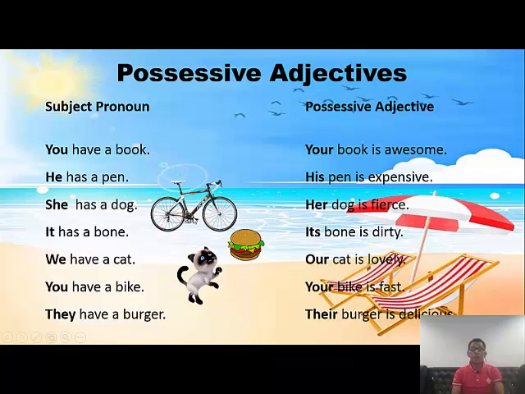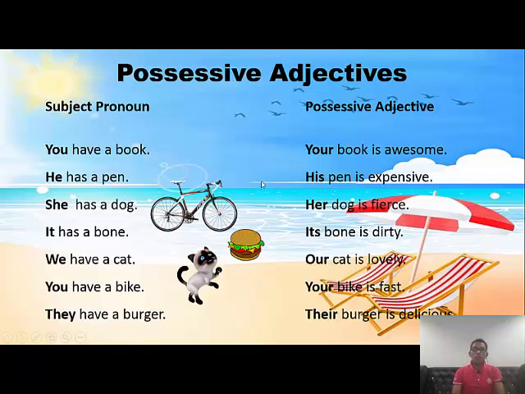She has a dog. Her dog is fierce. It has a bone. Its bone is dirty. We have a cat. Our cat is lovely. You have a bike. Your bike is fast. They have a burger. Their burger is delicious.